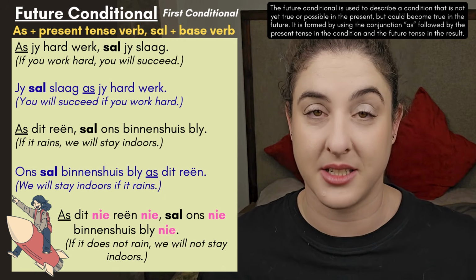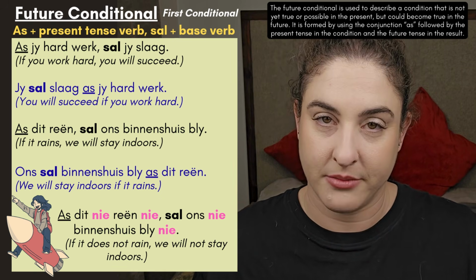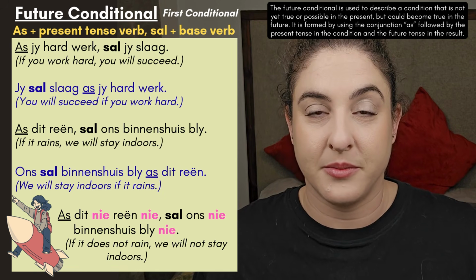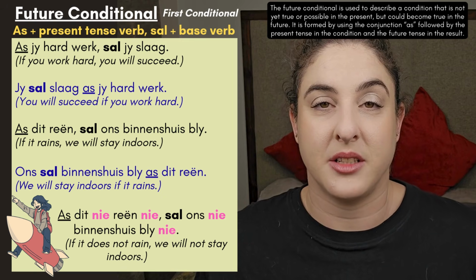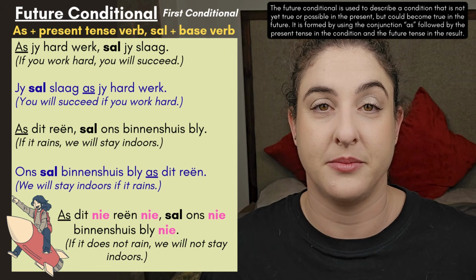So when the as and all of its things is at the beginning of the sentence, there's a double negative in the if statement, and there is also a double negative in the part with sal, that's after the comma.